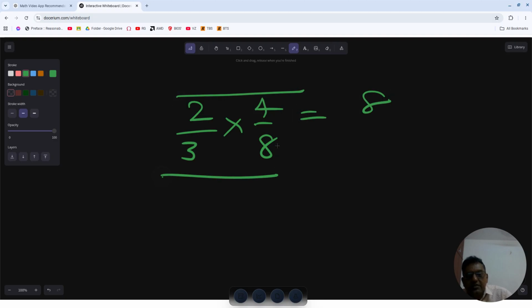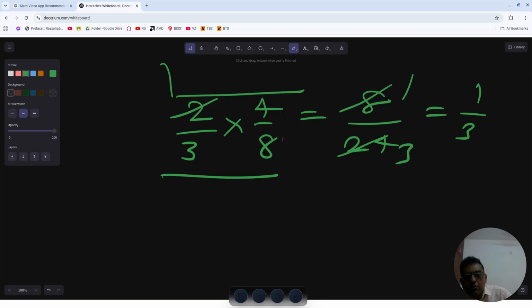Denominators are then multiplied, it becomes 24. Now you can directly cancel it, 8 ones are 8, 8 3s are 24. So it becomes 1 by 3. Or you can cancel it here itself. 2 ones are 2, 2 fours are 8, and 4 gets cancelled and becomes 1 by 3.